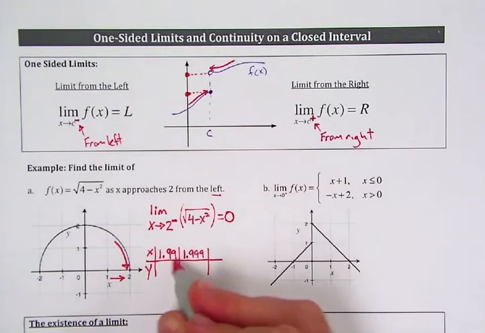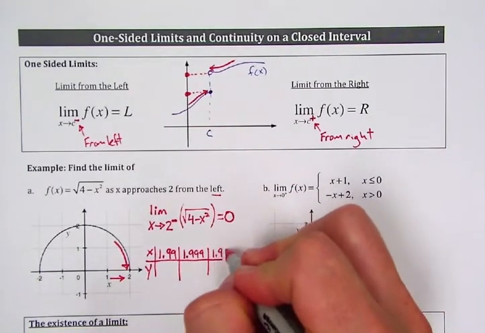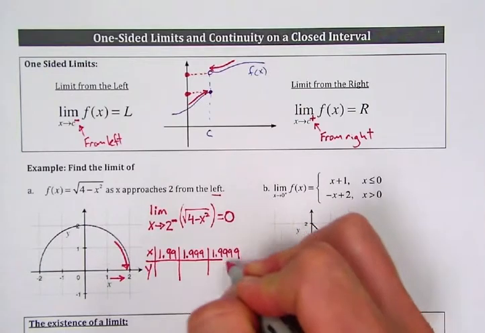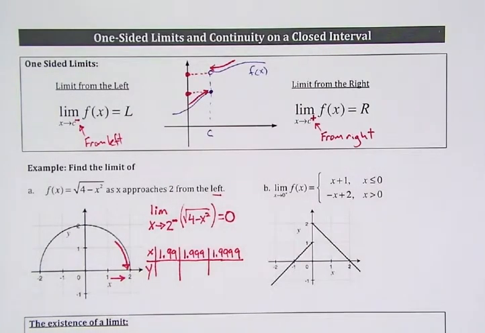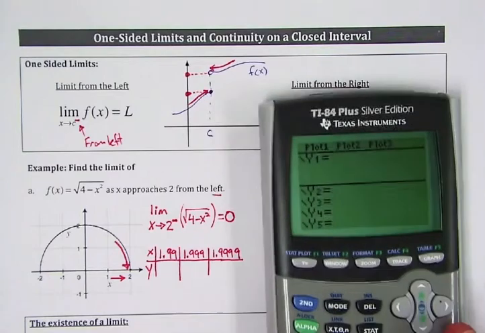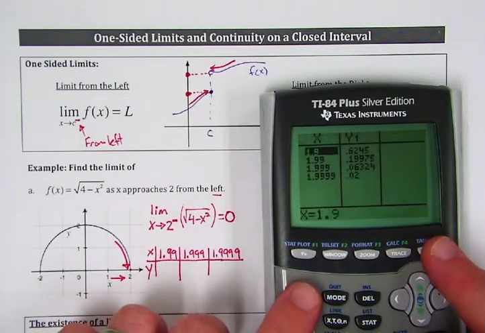So 1.99, and then 1.999, and then 1.9999, and so on and so forth. So we can put this into our graphing calculator. We have the square root of 4 minus x squared, and we'll go to our table.